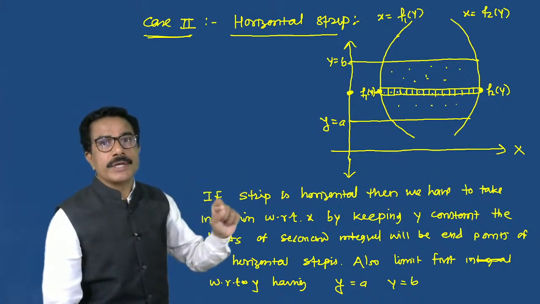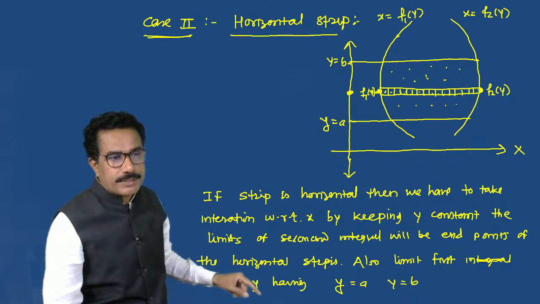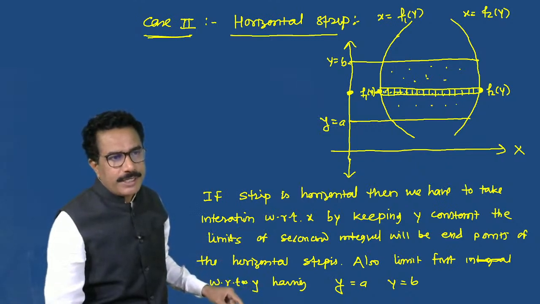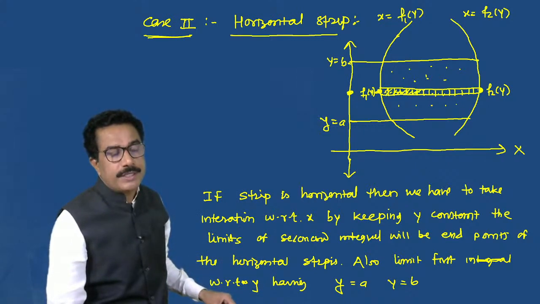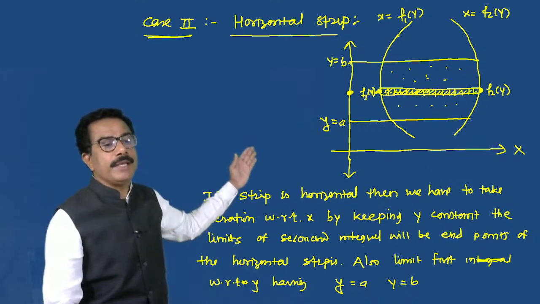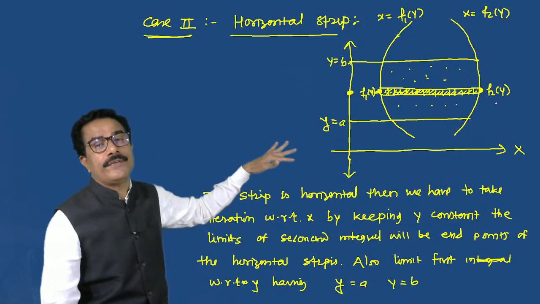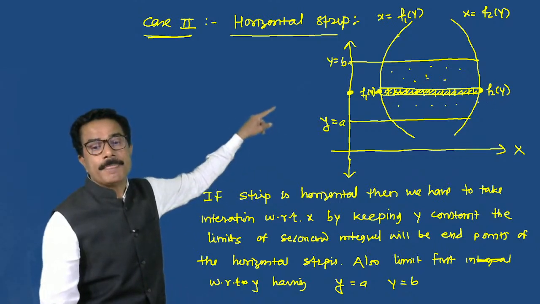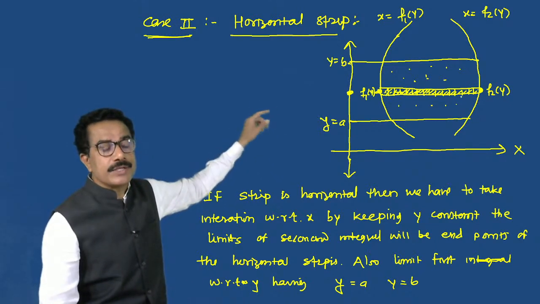So we have to consider y as a constant. If we move toward this, then x will be the variable, and its limits will be f1 of y to f2 of y, and we keep y as a constant.